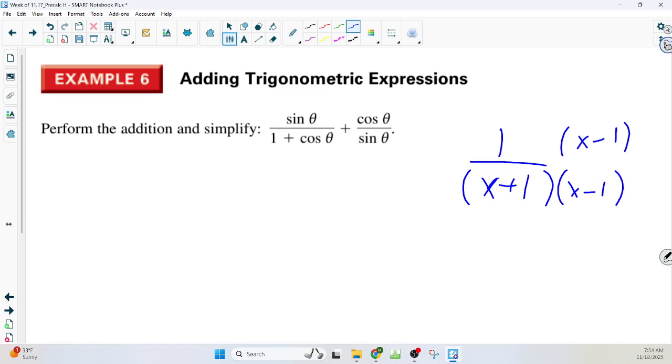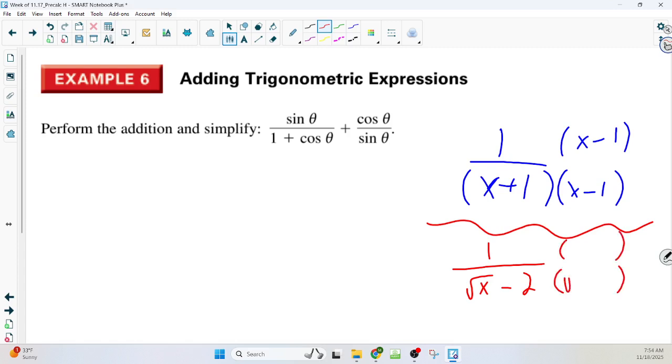Now, you don't do that often in this situation. What you probably did more often was something like this. Hopefully this is something that you've seen. 1 over the square root of x minus 2. That's probably something you've seen a little bit more often. And you need to multiply by the square root of x plus 2 over the square root of x plus 2.